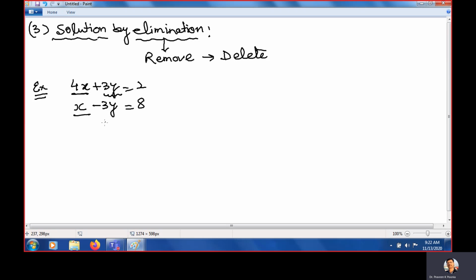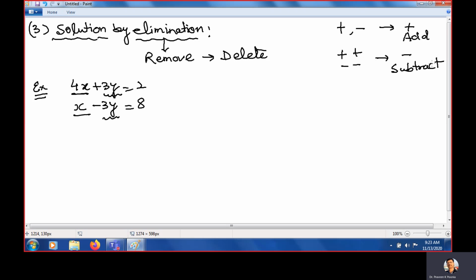Now we will check 3y, 3y. Wow, same. 3y, 3y. Same. Clear? If they are plus and minus, one is positive, one is negative, we will add.